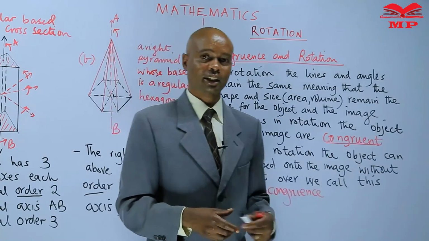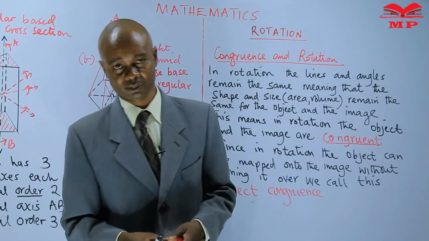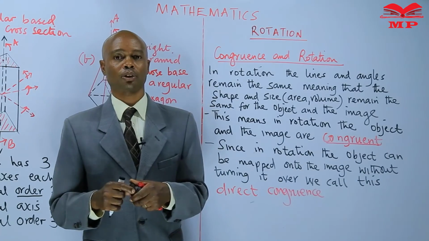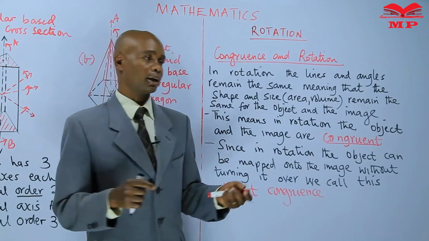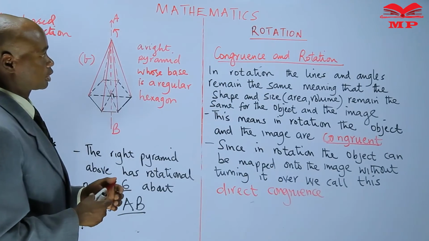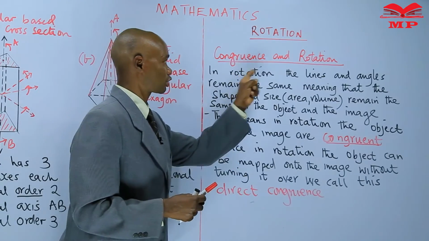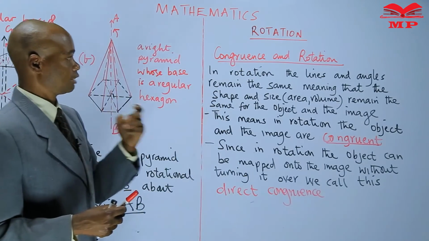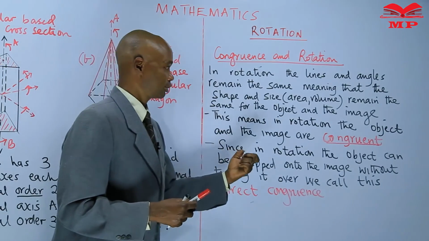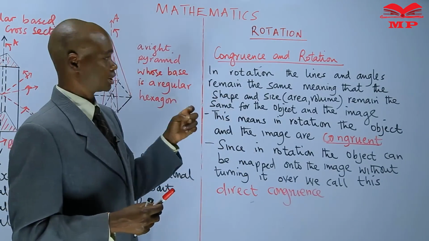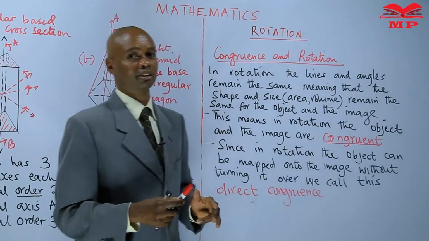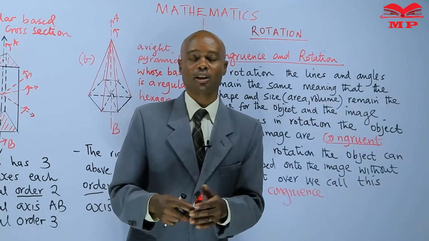We've got indirect congruence in reflection, but there was a special case of reflection, multiple reflection, which resulted into direct congruence. So there is a direct relationship between congruence and rotation. Most of the images that you'll get in rotation will be the same as the object in size and shape, and the object can be mapped onto the image without turning over.